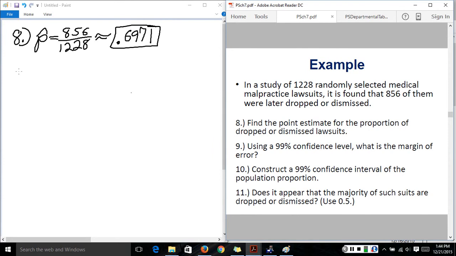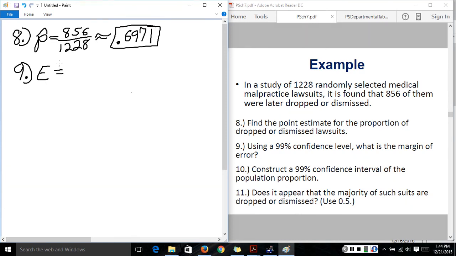Number 9 says, using a 99% confidence level, what's the margin of error? Well, for this we'll use the formula that was on the previous slide. E is z sub alpha over 2 times the square root of p hat times q hat all over n. And we'll substitute in and find our margin of error. Well, the first thing to substitute in is z sub alpha over 2.